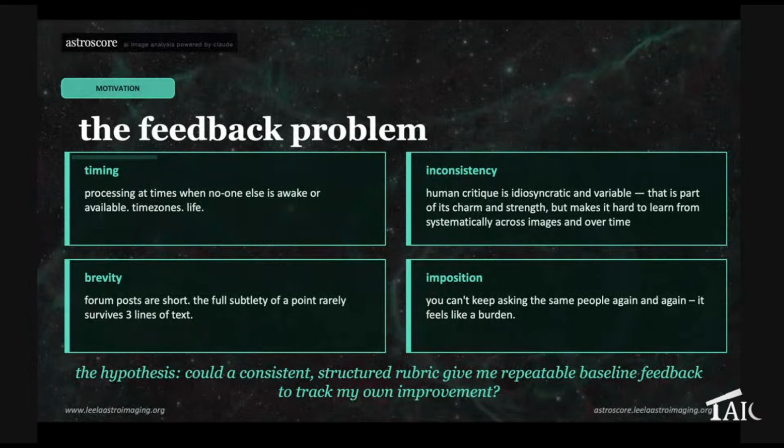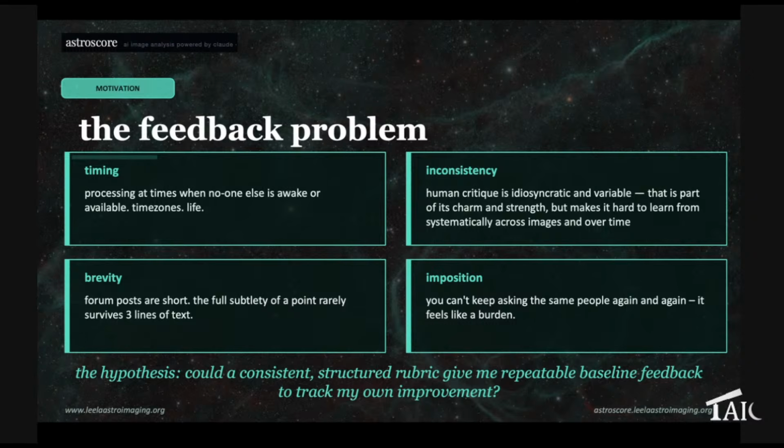But the feedback problem that I found was time zones and brevity. In forum posts, you can't really enter into huge long conversations. I call it inconsistency. You can call it variability. I think human critique is idiosyncratic. It's part of its charm. It's part of its strength.